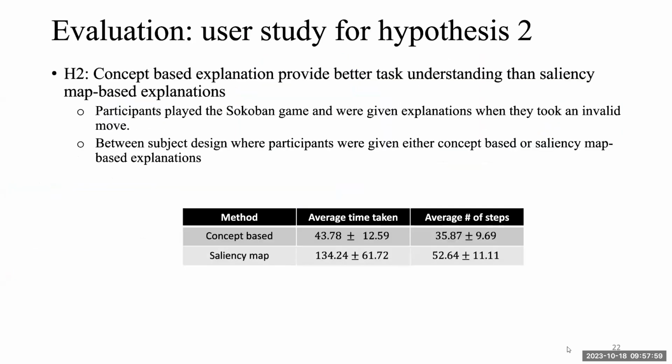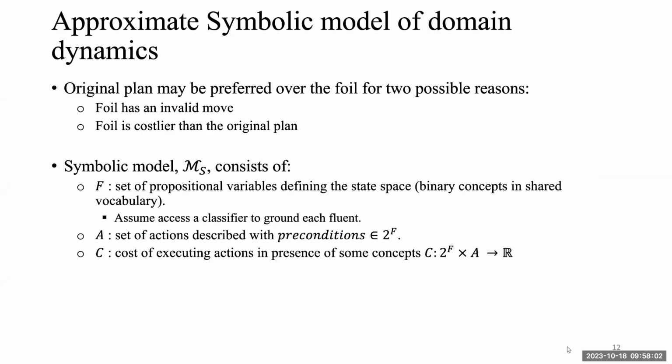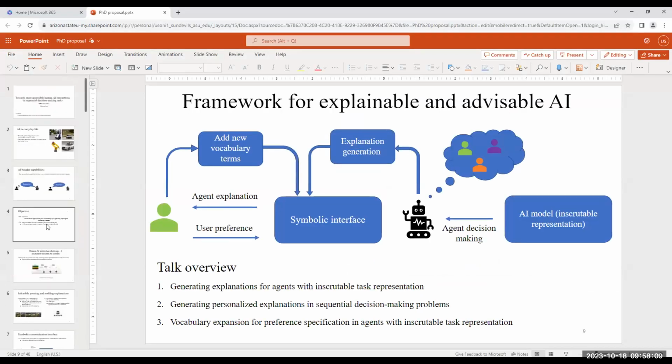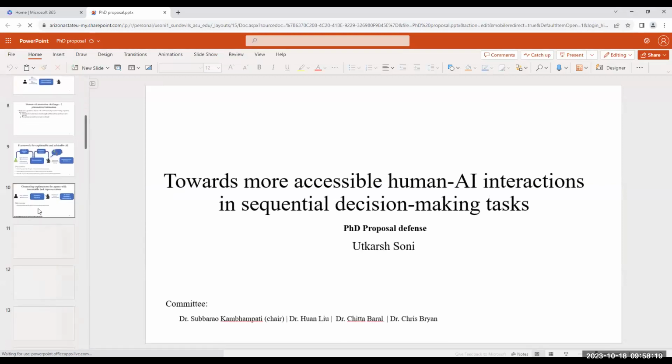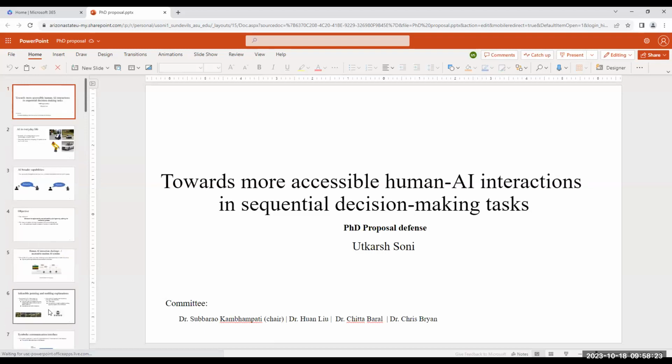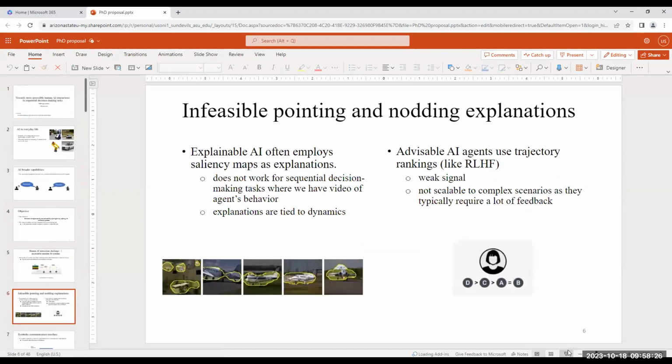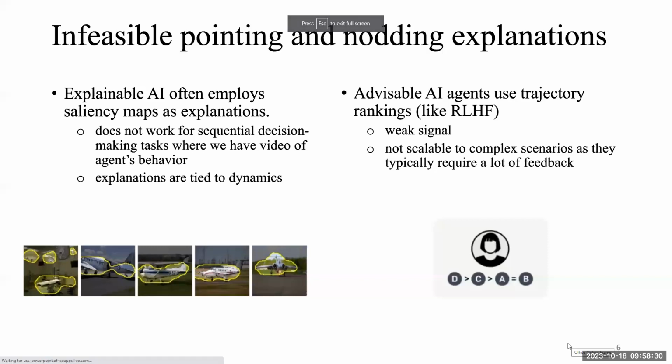Here, by advisable, I essentially mean that there's a user and an agent, and the user wants to either give instructions to the agent, like do the task this way, or they want to specify some preference, do the task in a way that aligns with my preference. So that is what we basically call under the umbrella of giving advice.